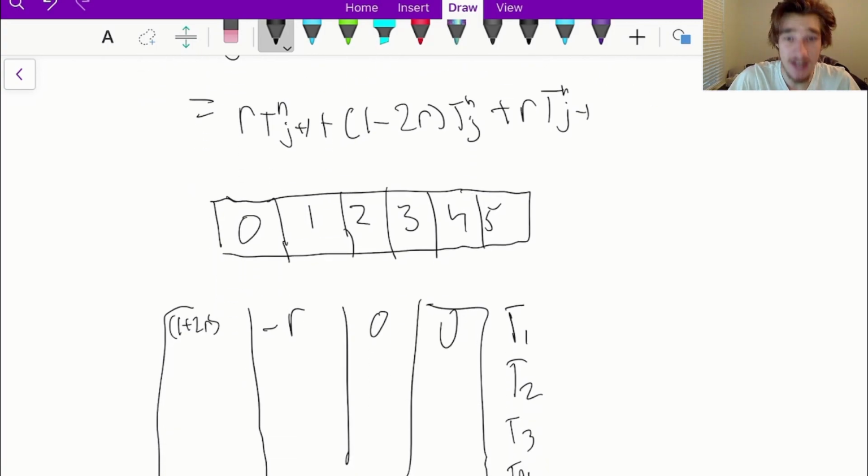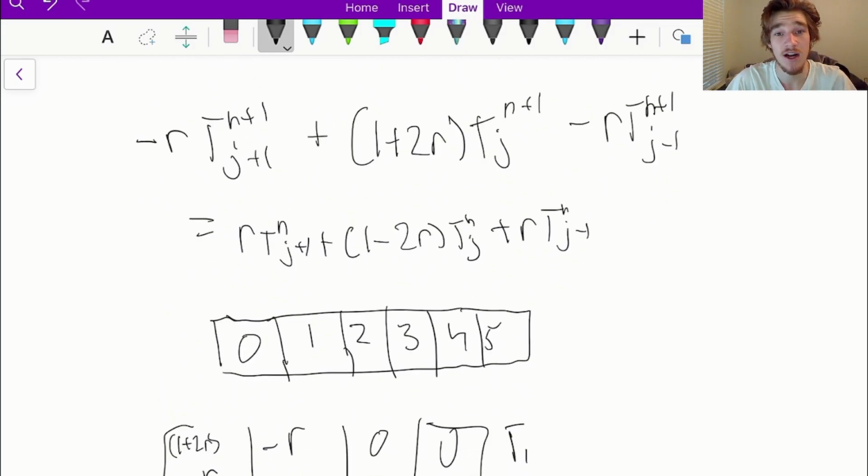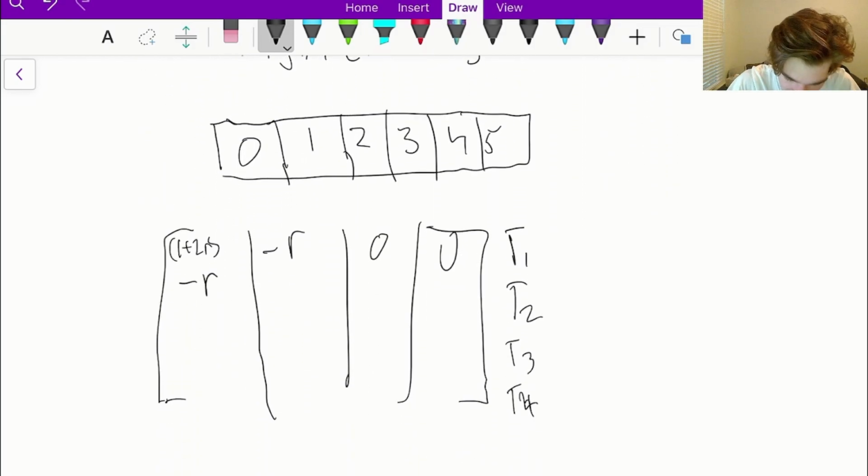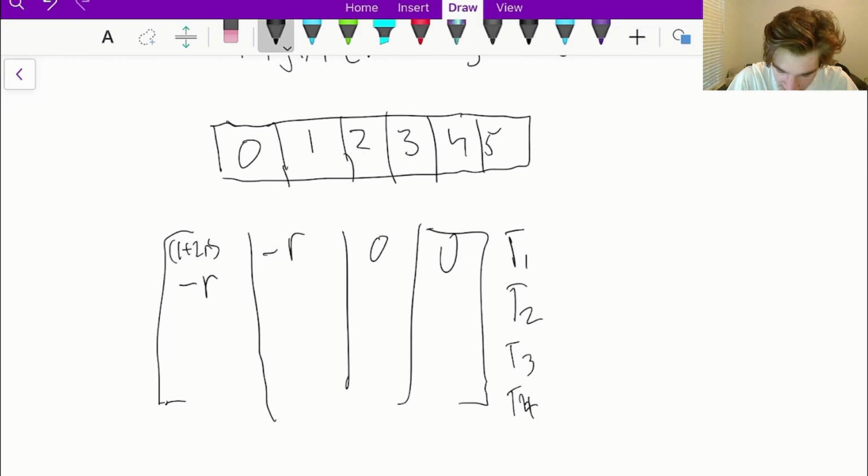And then for the next row down, this time it's negative r to start, coming from that first t value right there on the left side of the equation. And then we'll have the 1 plus 2r, and then we'll have the negative r, and then 0 again. And this will just continue all the way down the line, shifting over 1, as it is t n plus 1.